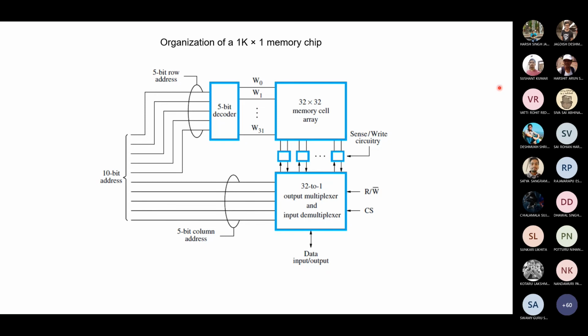So you do it 8 times. The same decoder output can be used for row decoding for the other chips also. And the same lines can be used for the multiplexing also, because this part can be the common part.